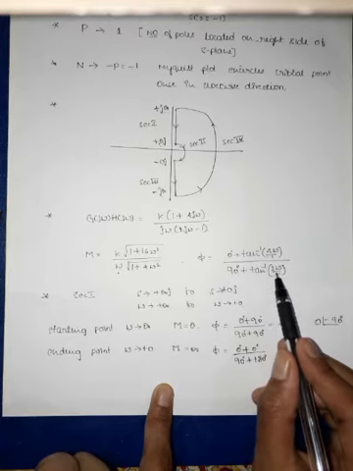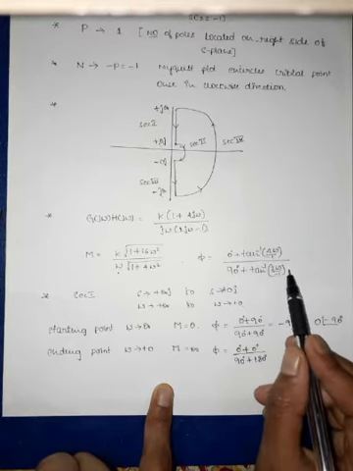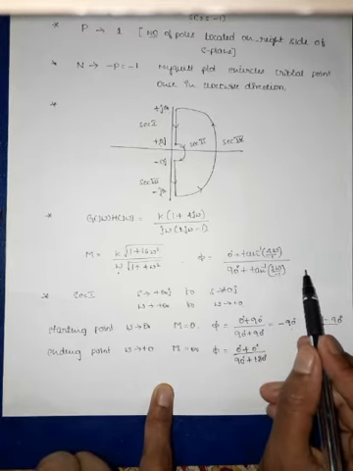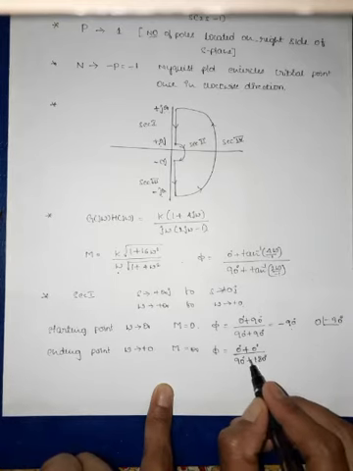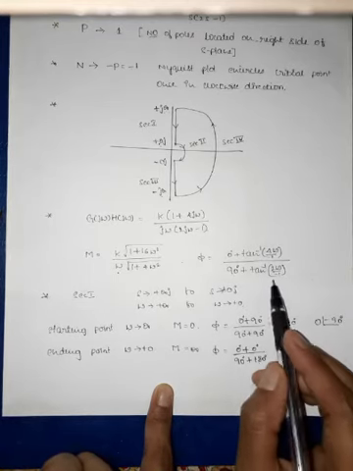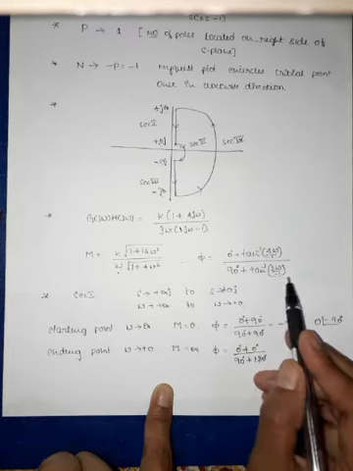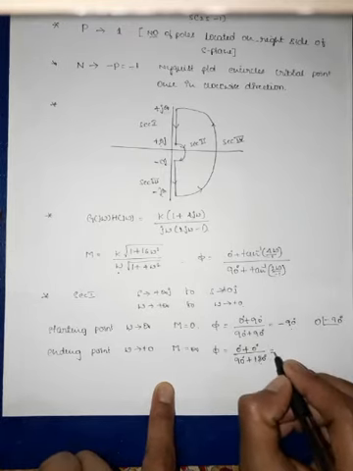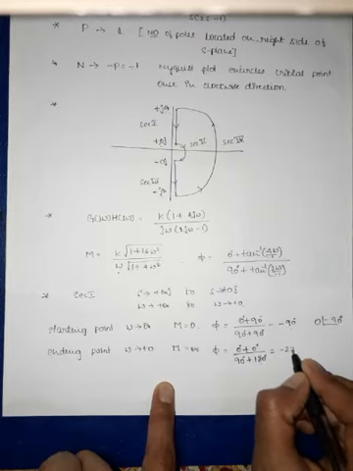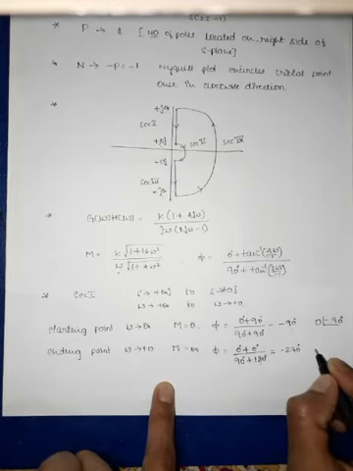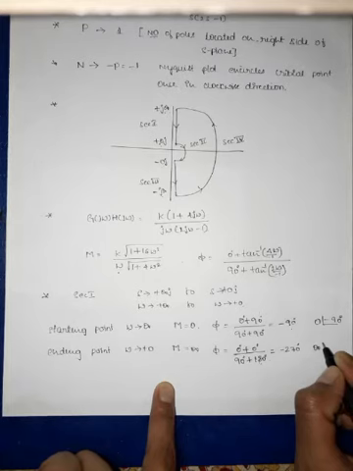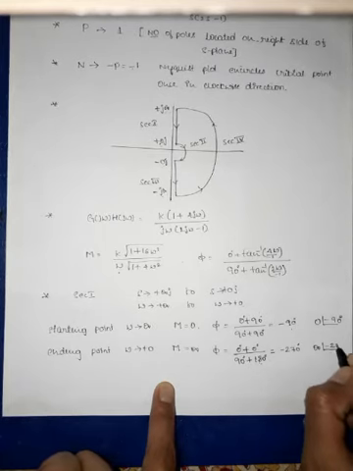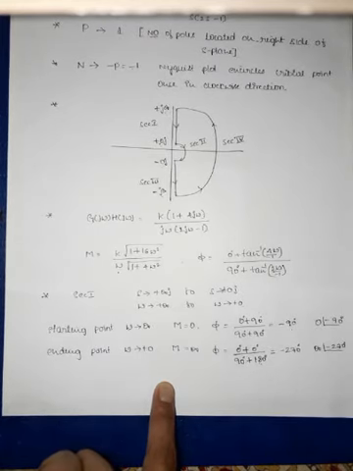So tan inverse of 0 is nothing but 0 plus 180 degree. Here plus 180 degree we are going to have, and the phase angle will be minus 270 degree. So overall, infinity is the magnitude and the phase angle is minus 270 degree.